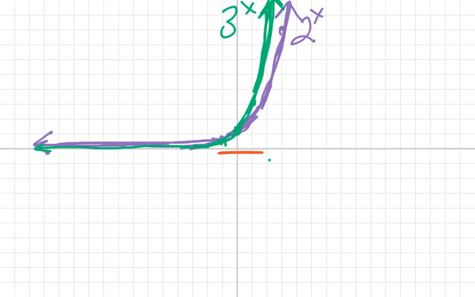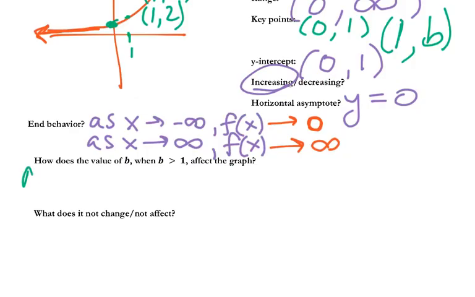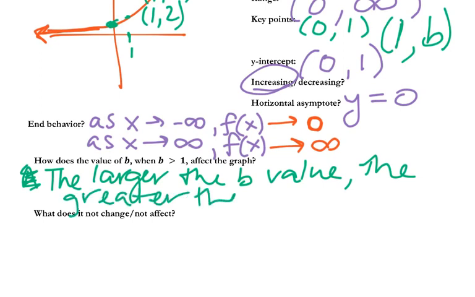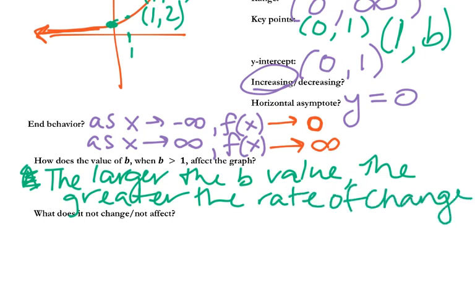Here they get smaller and smaller. So the larger the b value, the greater the rate of change. So the slope is going to change more rapidly.